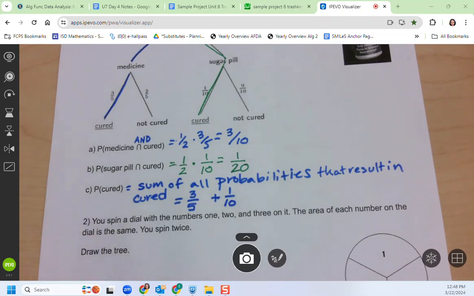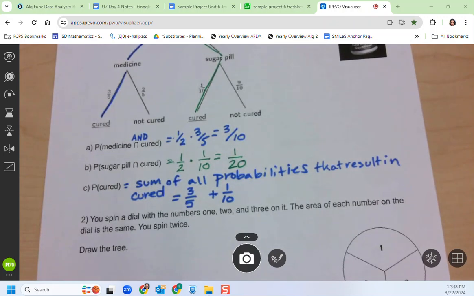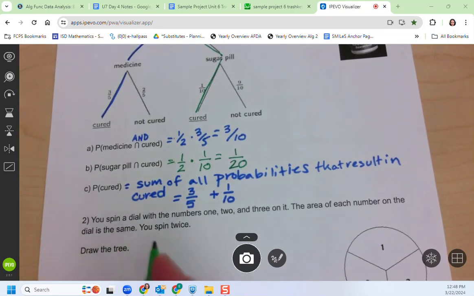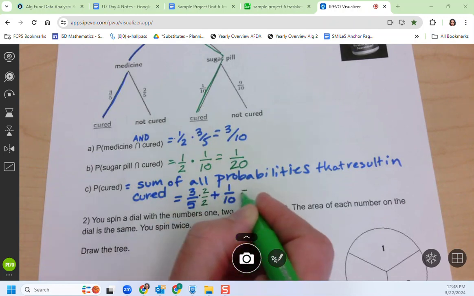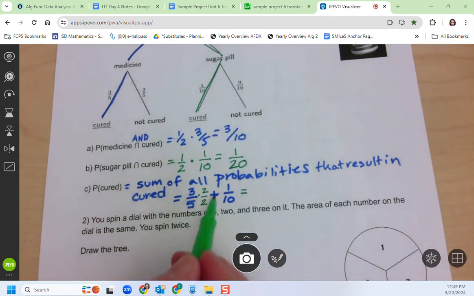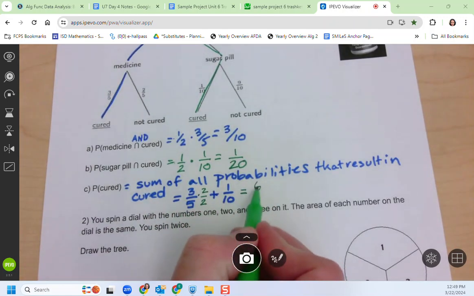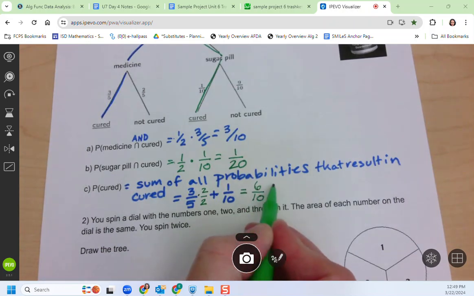So you could put it in Desmos, and Desmos will figure out common denominator for you. But when we're adding, remember, we need a common denominator. And so I can make both denominators 10 if I multiply the first fraction by how much? 2. By 2. So if I multiply this one by 2 over 2, I would get 6 over 10 plus 1 over 10.